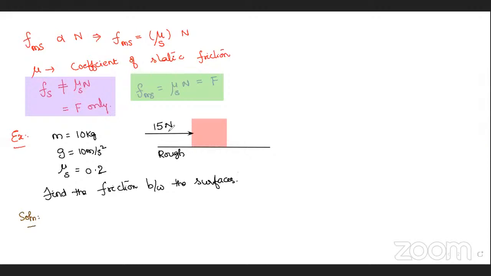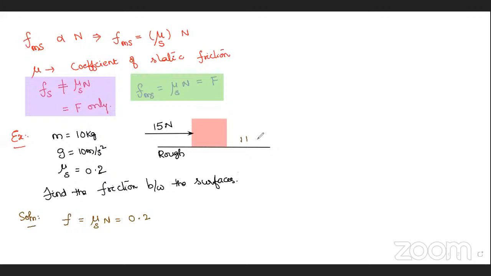What are the values, either 15 or 20? Friction gave one formula. So by using the formula F is equal to mu s into N, that is 0.2 into N. Since the surface is horizontal, normal reaction acts vertically upwards and is balanced by mg.